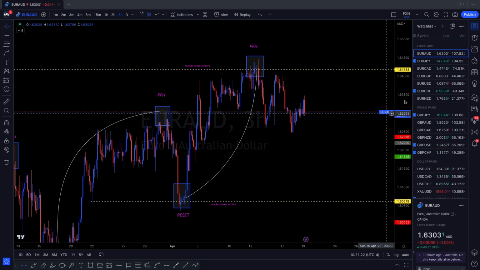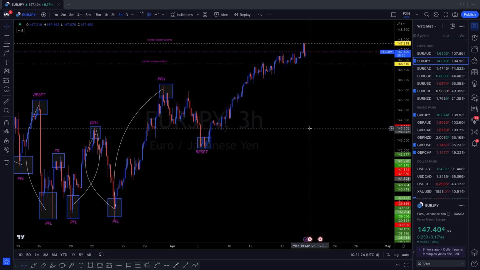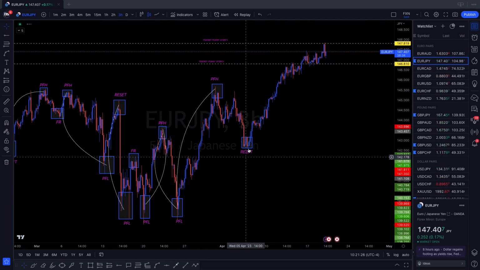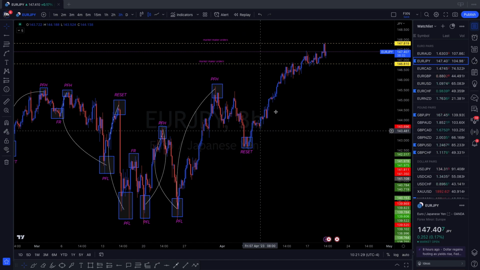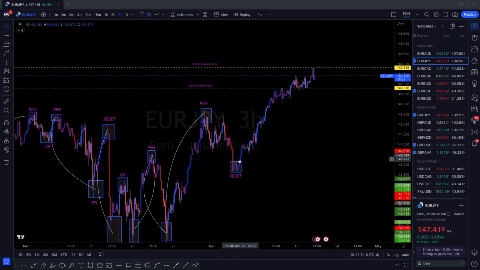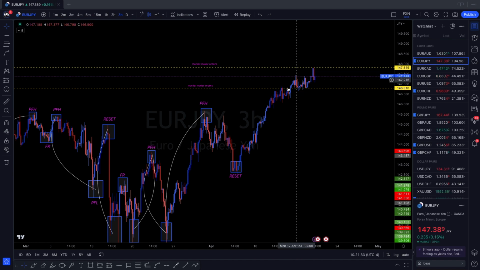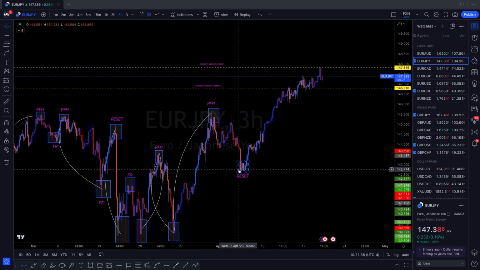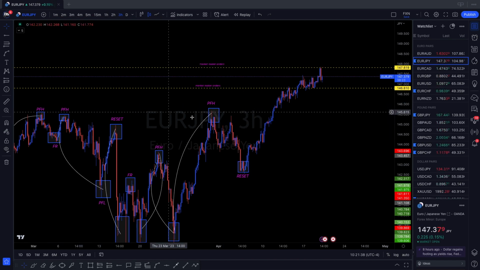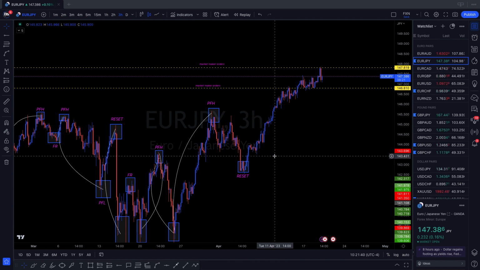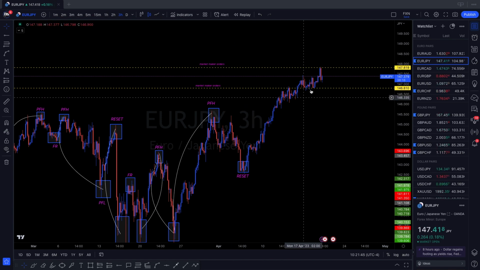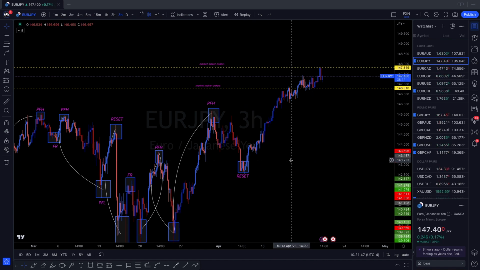If we look at a pair like Euro JPY, it came off a reset and it's been rising for some time now. So we're well over its 3 times ADR or close to 3 times ADR, basically a full cycle. So for me, this pair would not qualify as a pair to look for trading.